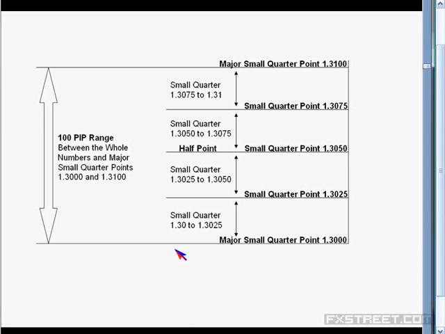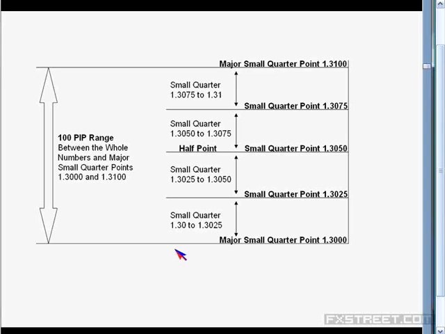Now today what we're going to do is talk about a very interesting concept that I also discussed in my quarters theory book, and that is the so-called 1,000 pip range transitions.